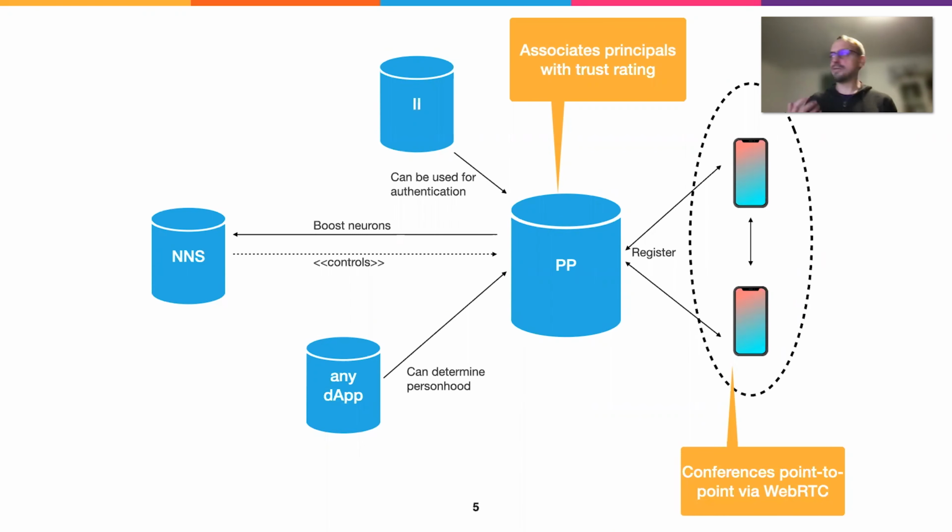So we expect many users using a mobile phone. That's why I've just been drawing mobile phones. We don't really depend on them being mobile phones. And those mobile phones communicate with that canister for everything that is meta information. So they register, they join the call, they put the votes in at the people party canister. But the communication for the video calls happens purely between those mobile phones.